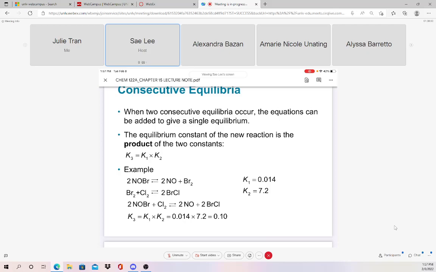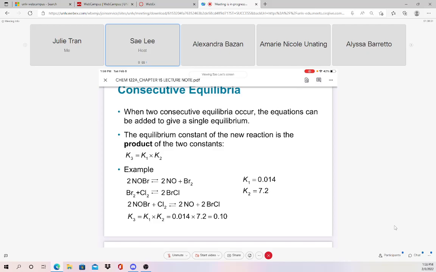Okay. So anyways, we were looking at a situation where two elementary reactions combine to form one overall reaction. Here's NOBr going to NO and Br2. This is the one elementary reaction.